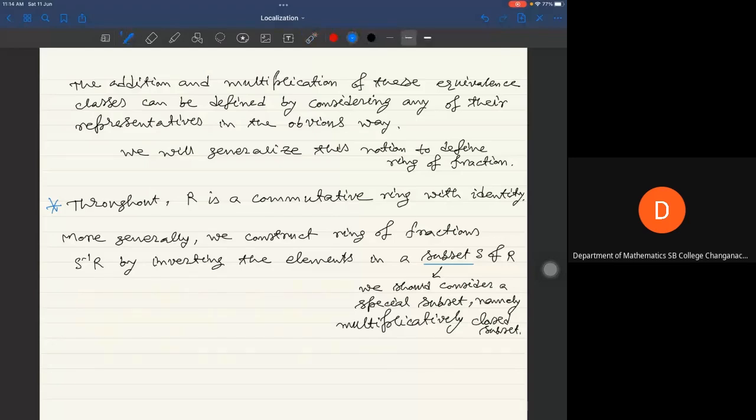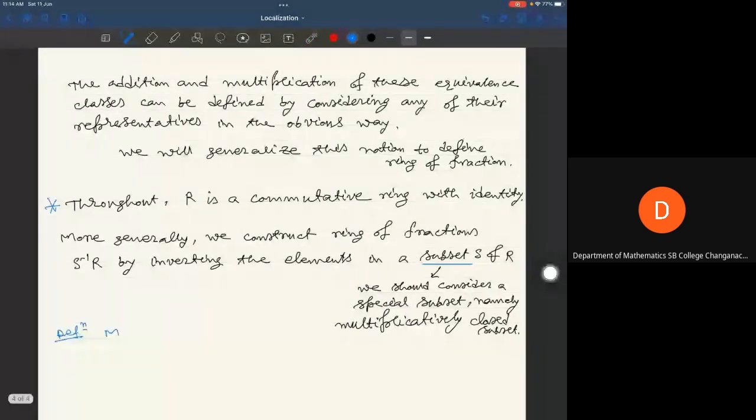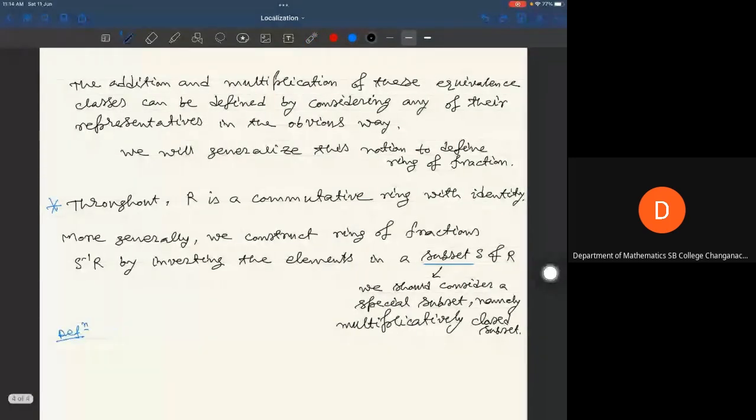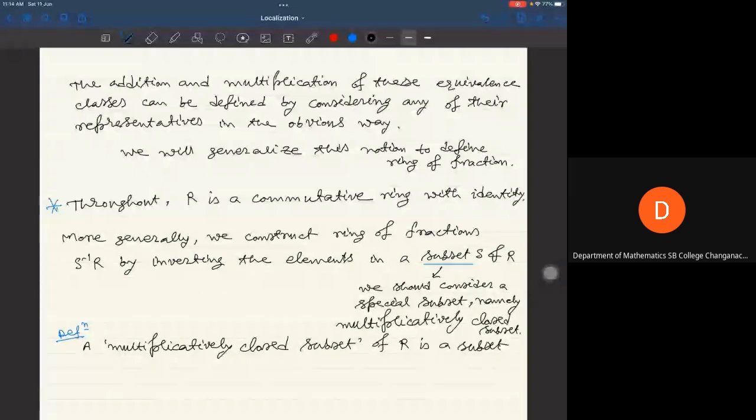So this is the definition. A multiplicatively closed subset of R is a subset S of R which satisfies these two properties.